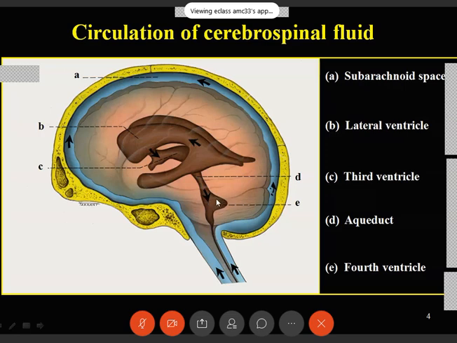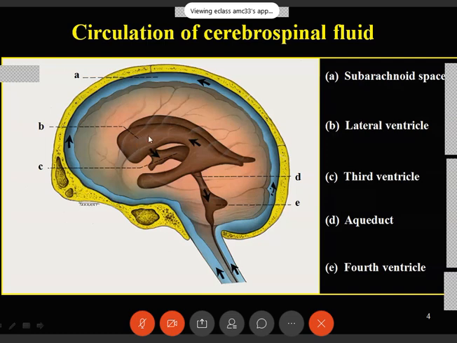Any obstruction in the lateral ventricles, the aqueduct, or the fourth ventricle causes raised intracranial tension. This is the subarachnoid space. So any obstruction in the circulation of the cerebrospinal fluid leads to raised intracranial tension, which causes papilledema.